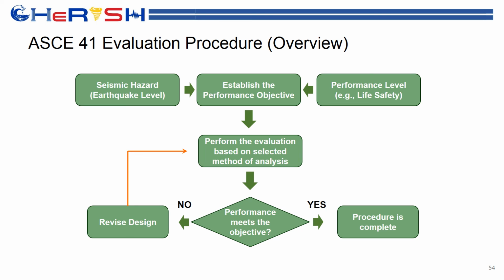You establish the performance objective, which is related to the level of seismic hazard and the level of target performance, that is, how much damage you expect your structure to have for a given level of earthquake. That is really the performance objective.